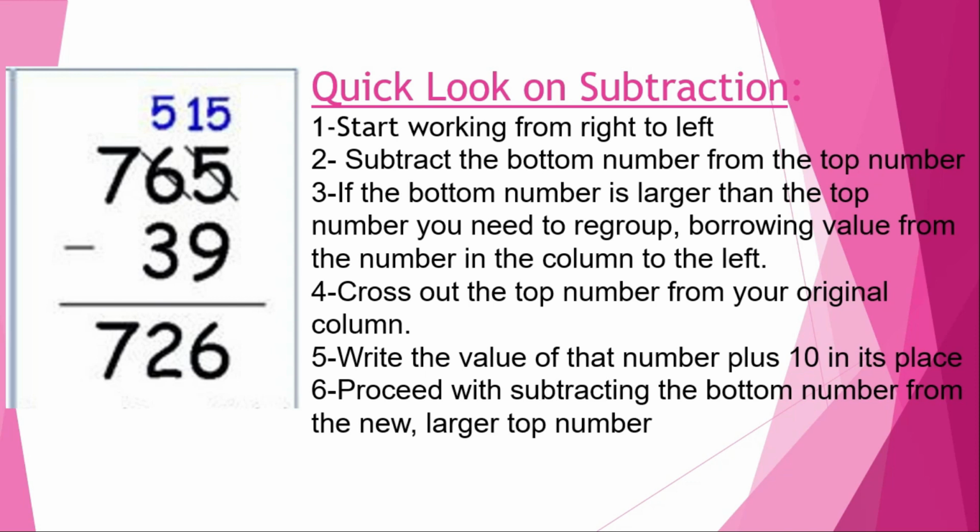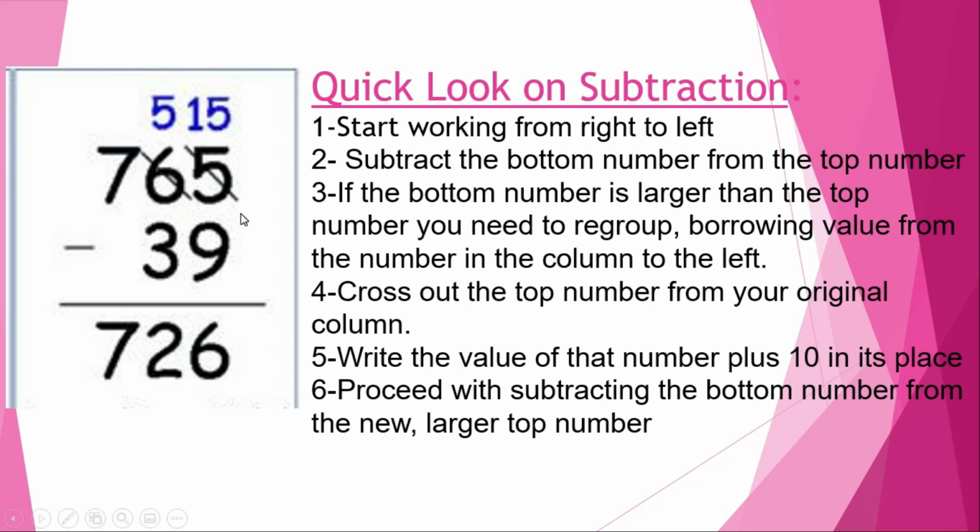If the bottom number is larger than the top number, as here 9 is larger than 5, then we will borrow a value from the number in the column to the left. Here we borrow from the 6. Then we cross the original number.